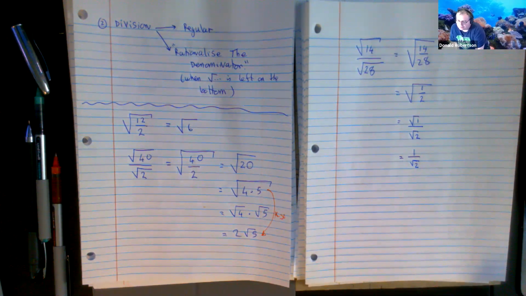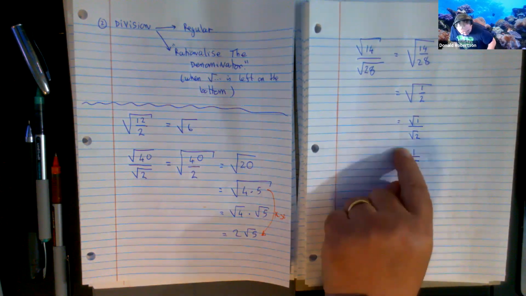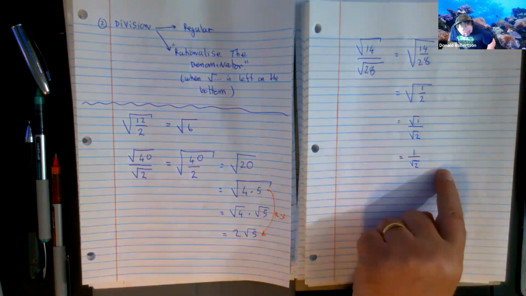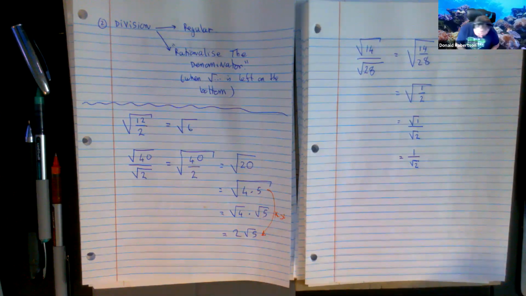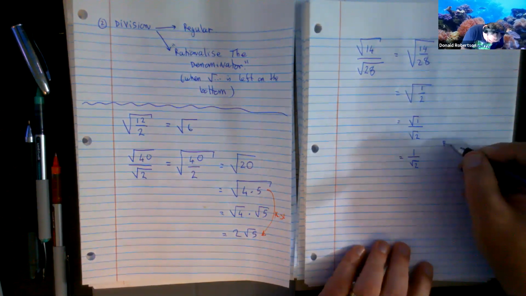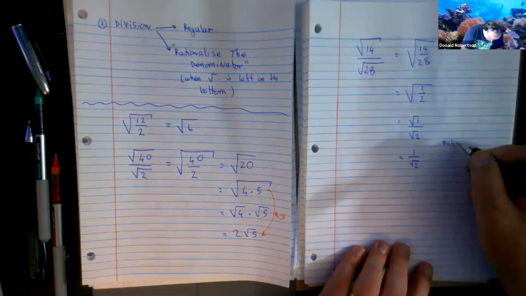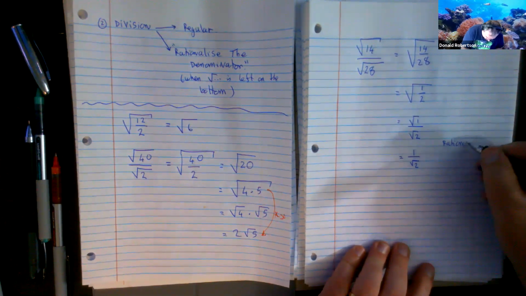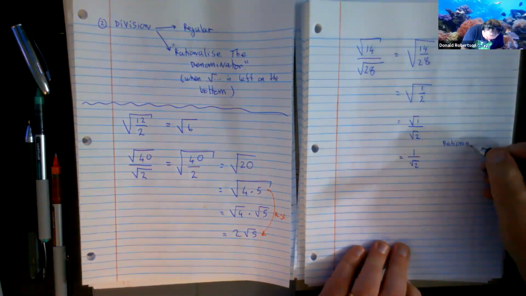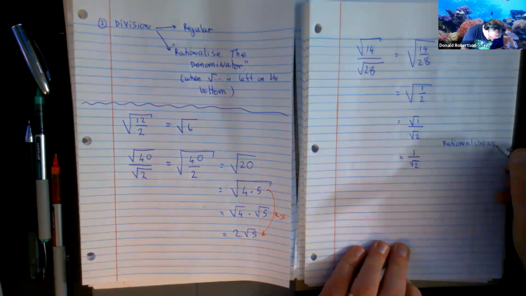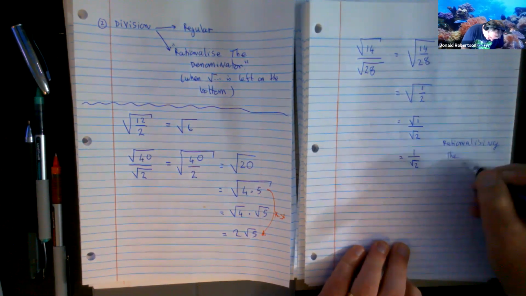The technique I'm about to show you is how you remove that square root. How do you rewrite that guy so there isn't any square roots in the bottom? We call that, rather a mouthful, rationalizing the denominator.